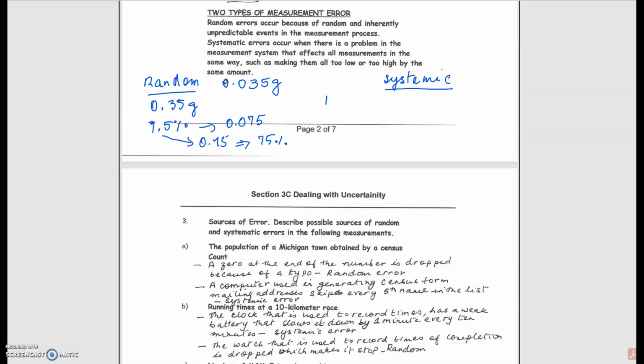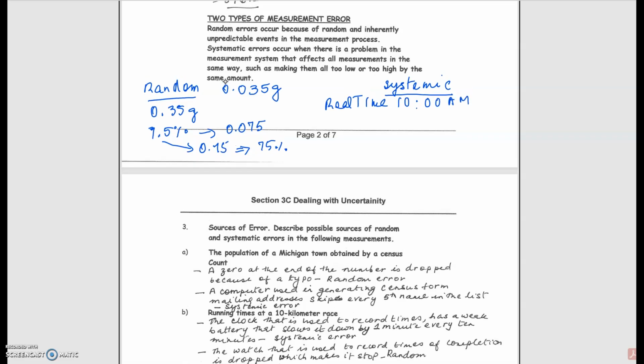Let's say the real time is 10 a.m. and somehow the clock in your student lounge is set to 9:55 a.m. So consistently this clock is going to be 5 minutes behind the real time.